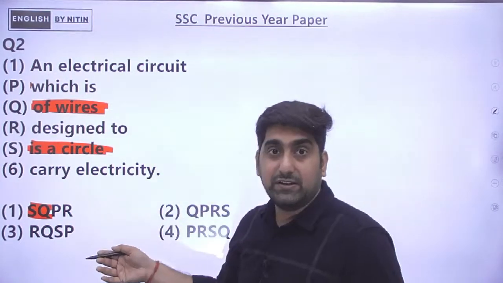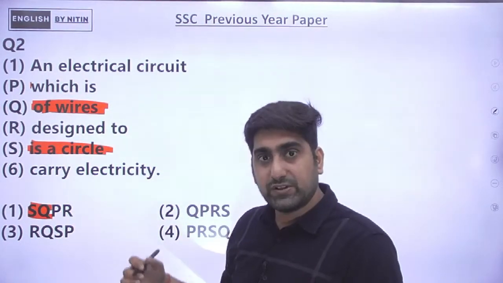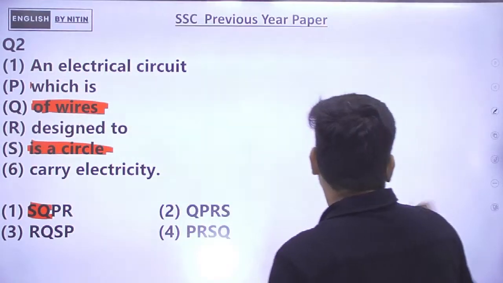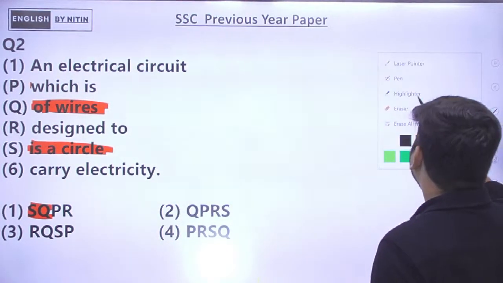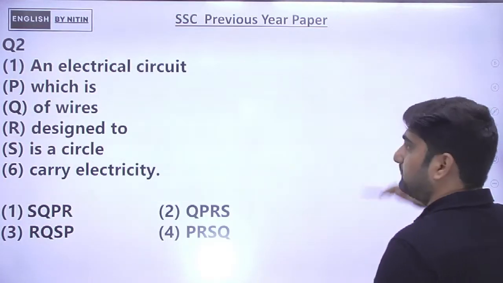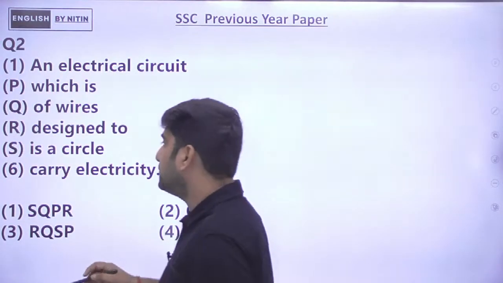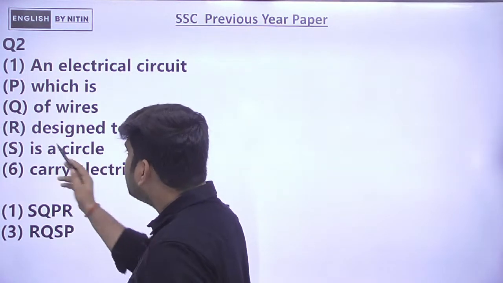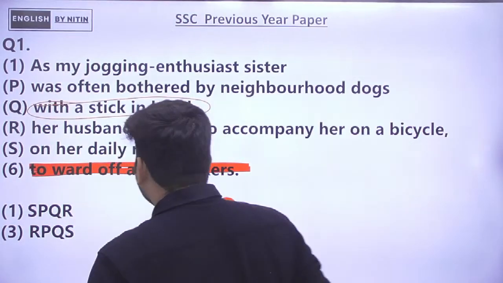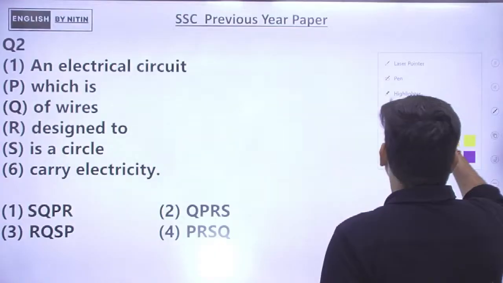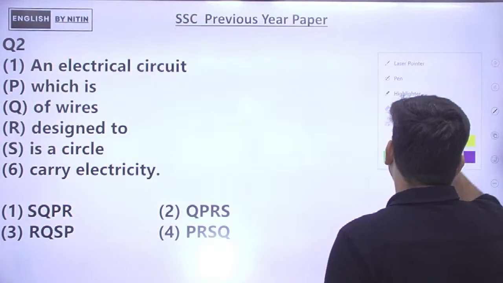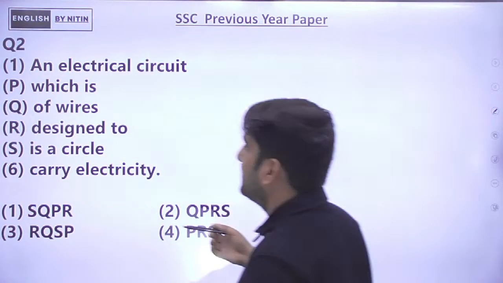Again, we have a way to solve this question differently. Suppose you didn't recognize the starter, I mean the starting sentence. So what you need to do is, something is designed, and why is something designed? The purpose of designing something is given.